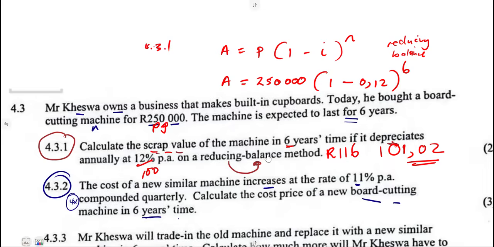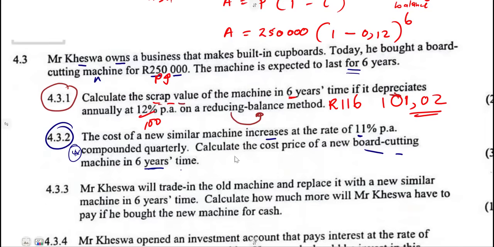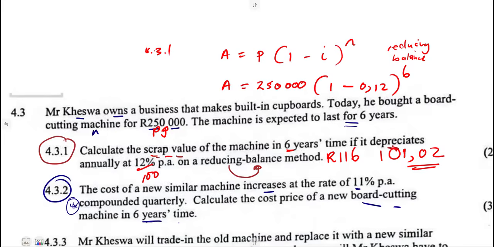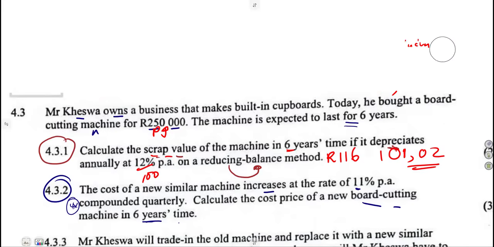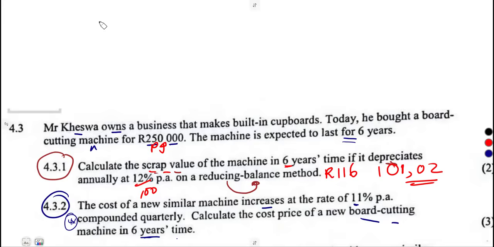So it's a type of comparison, this one. But in this case, we are not comparing, we're just going straight to the question. So what is the cost in those years? All right, so we go back. This one, it's an interest, compound interest. There is no reduction.